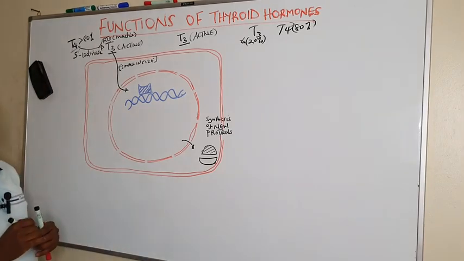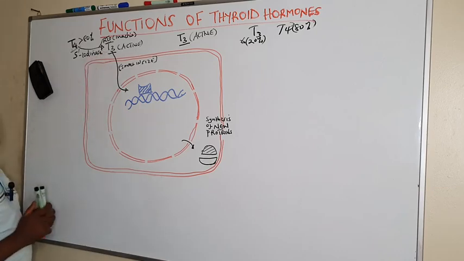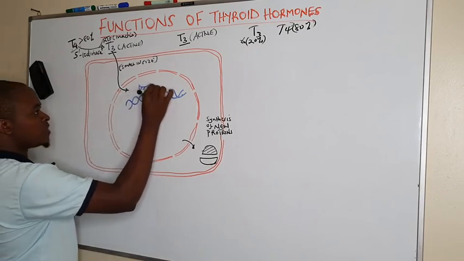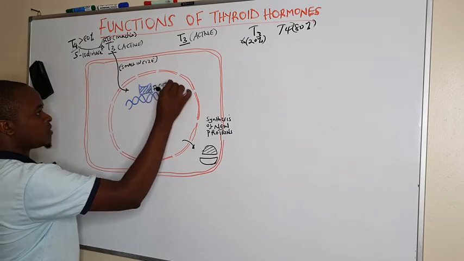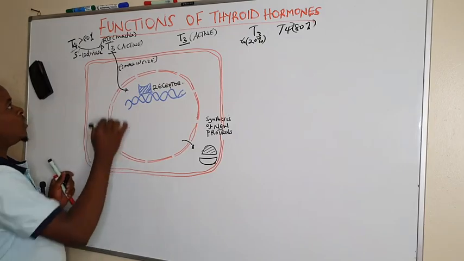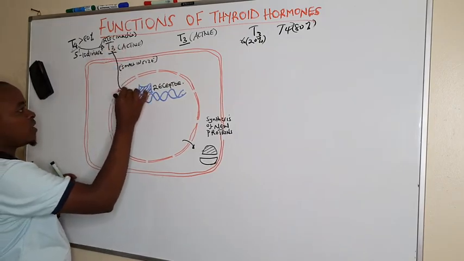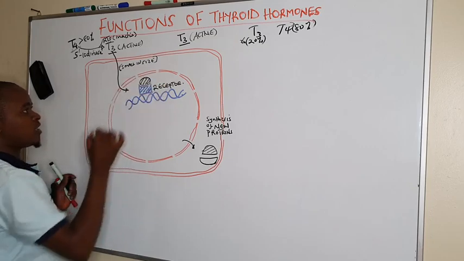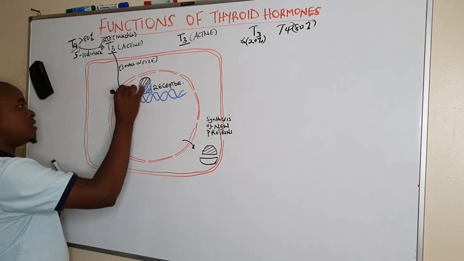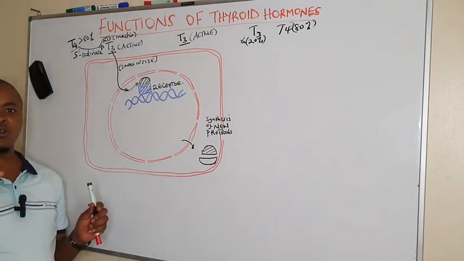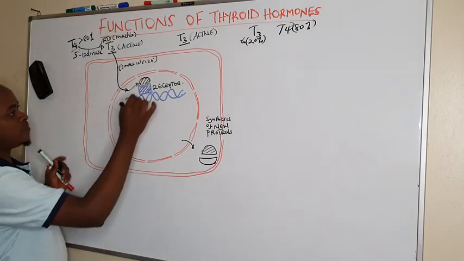So our T3, which is the most potent form and has higher affinity for the receptor, comes and binds to the thyroid hormone receptors within the nucleus. After binding to the receptor, it forms what we call the hormone receptor complex.